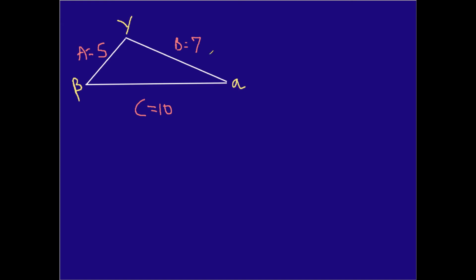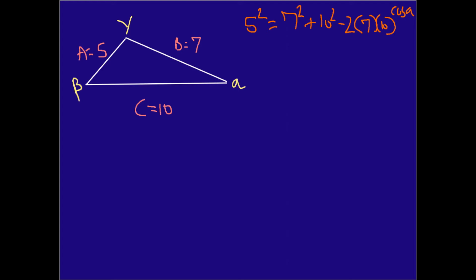If we follow that thought, our formula will work out to be something like this. a squared is going to be 5 squared, equals b squared, which is 7 squared, plus c squared, which is 10 squared, minus 2 times 7, because that's my b, times 10, times cosine alpha. We don't know what cosine alpha is yet.